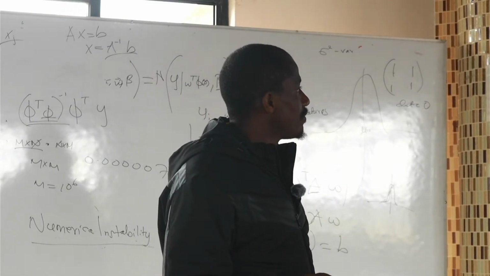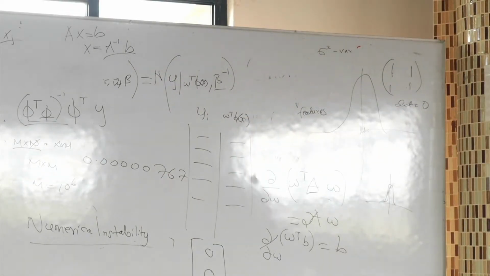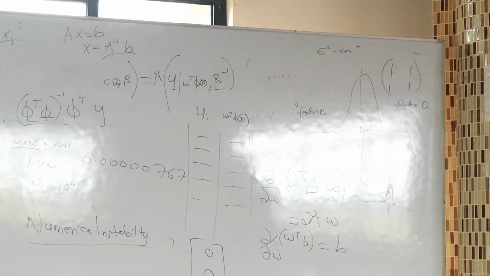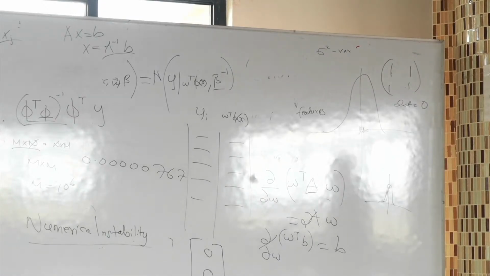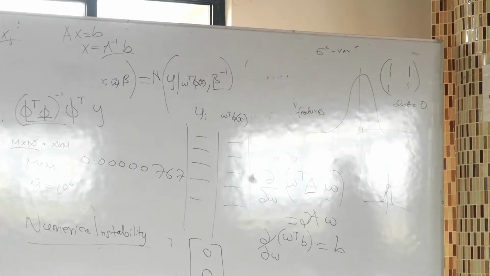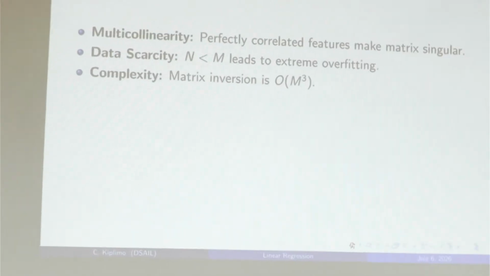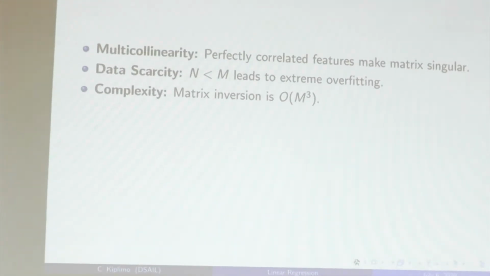Okay. Yeah. I think these are the things that we already discussed. In algorithmic terms, matrix inversion is O of m cubed. When you study data structures and algorithms, one of the things that you study is complexity.